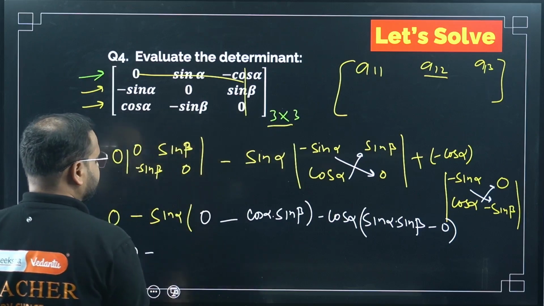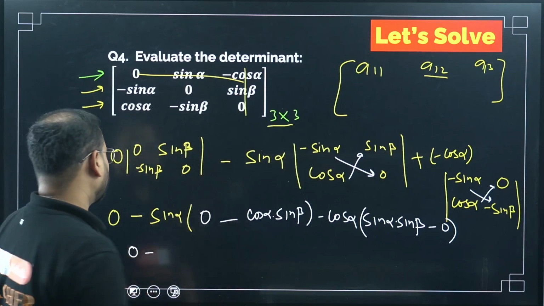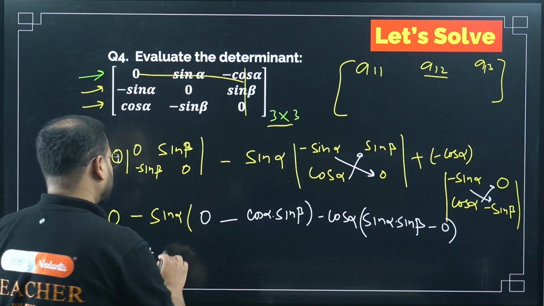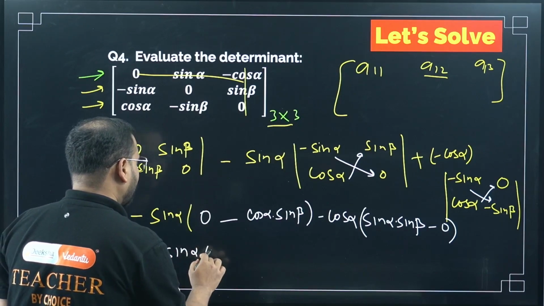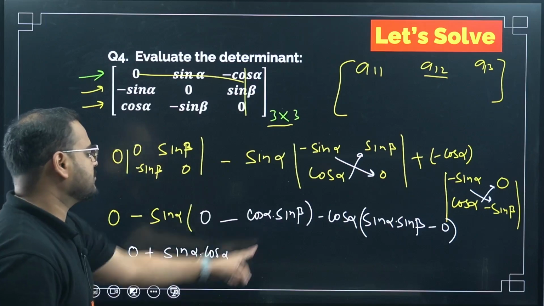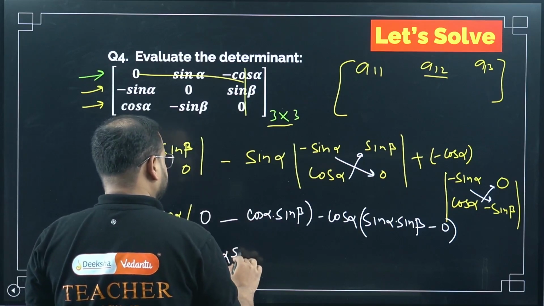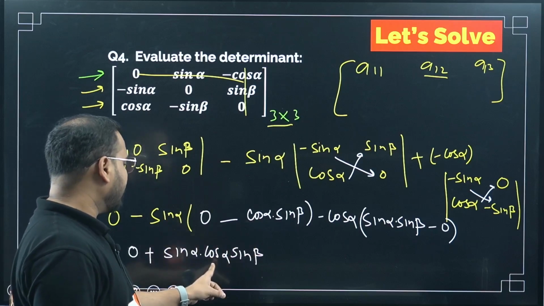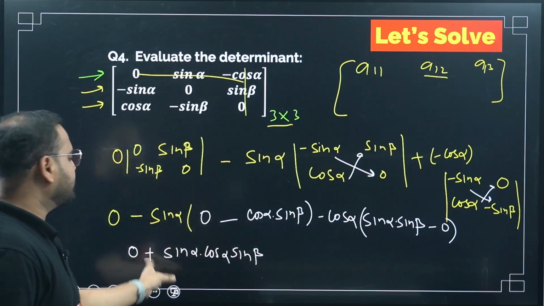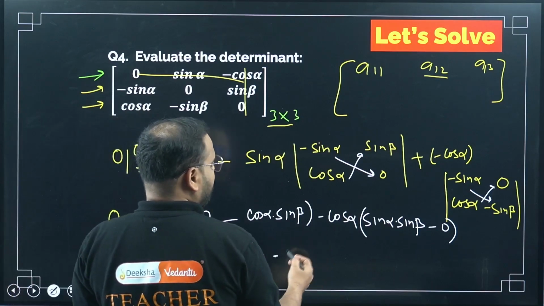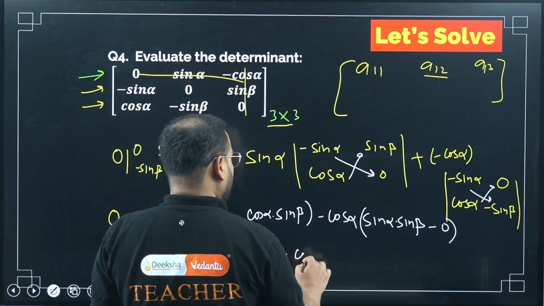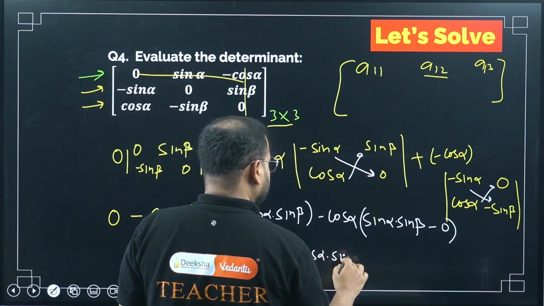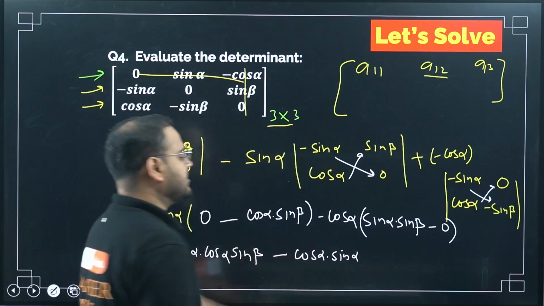Let's check the answer over here. So 0 minus sine alpha times minus this, so it will become plus, how much is it? Sine alpha cos alpha, and what is this going to be? Sine beta, right? Yes or no? Please check. Sine alpha cos alpha and sine beta, minus and minus makes plus. What about this? Simply minus cos alpha sine alpha, and what is the last one?